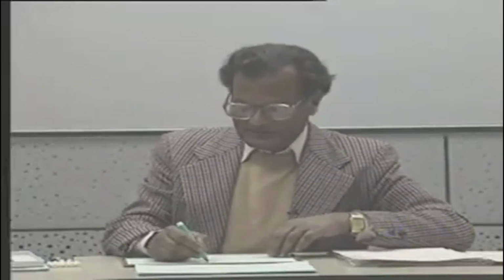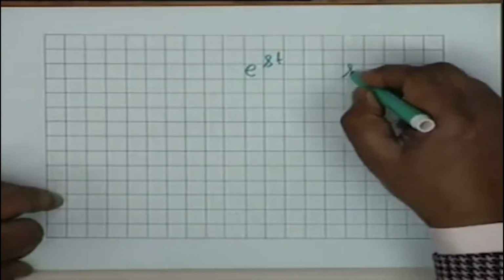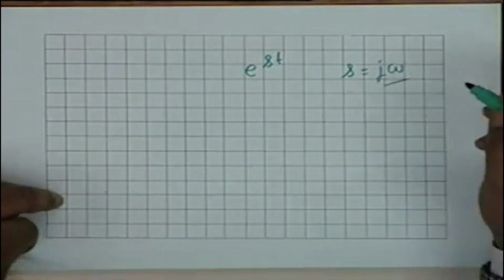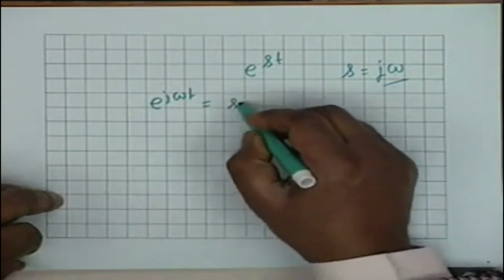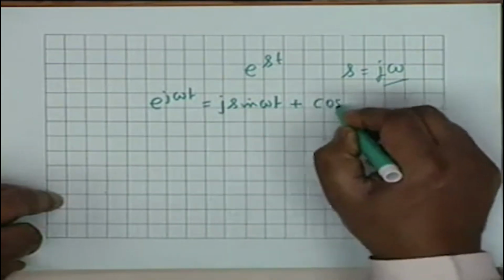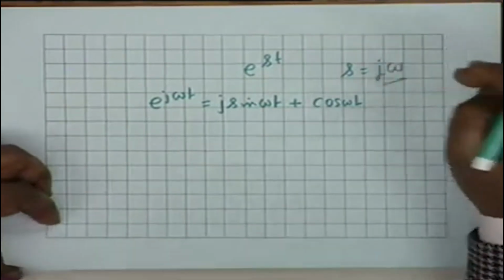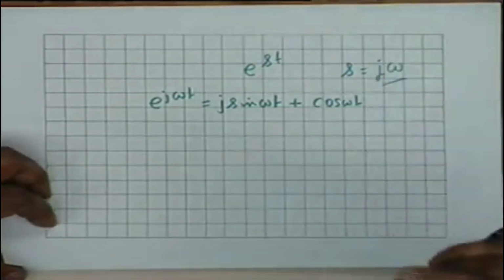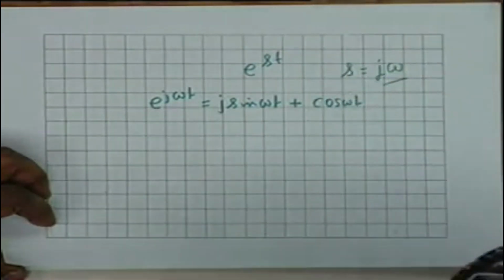One very special case of the excitation e to the st occurs if s is a purely imaginary quantity, if s is equal to j omega. Then this excitation becomes a combination of a sine and a cosine: cosine omega t plus j sine omega t, a real part which is cosine plus j times an imaginary part which is sine.